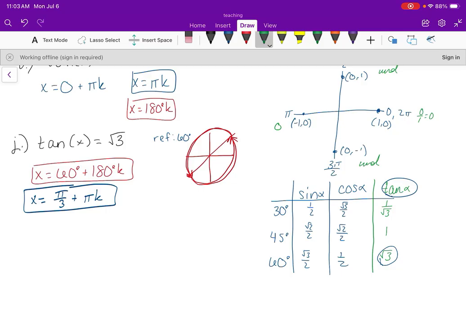Now let's say you wrote me both answers and you said in quadrant 1 it'd be 60 degrees plus 2 pi k, and then in quadrant 3 that would be 180 plus 60, which is 240, plus, ooh, I should make that 360 since we're in degrees.